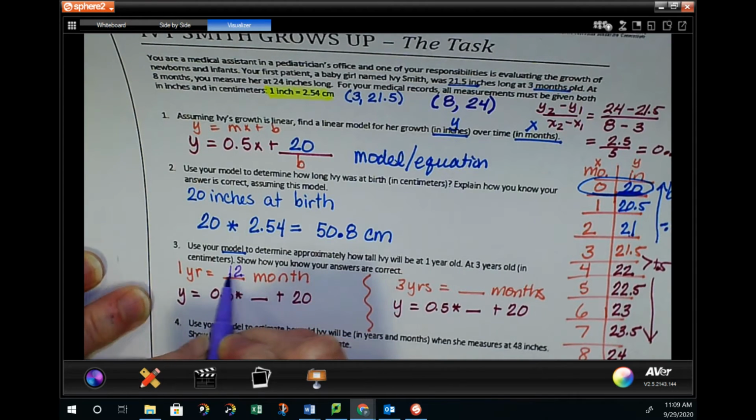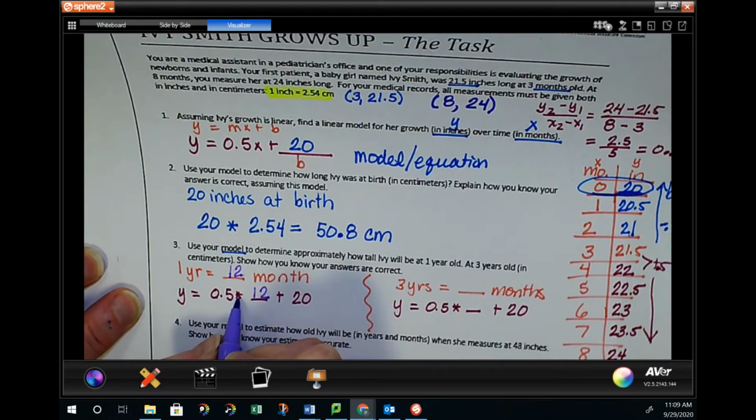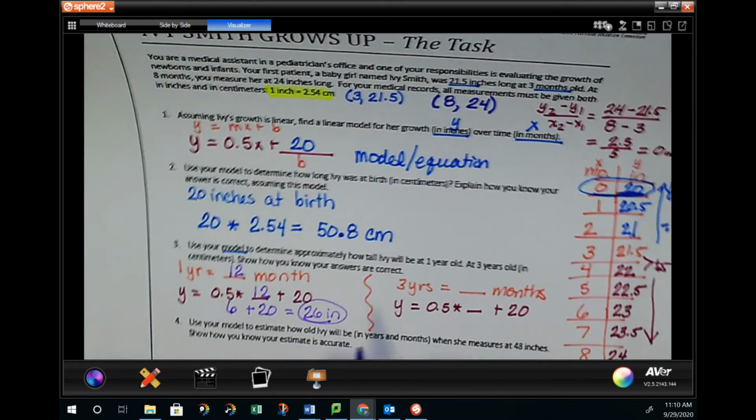So 12 times 1 is 12, and I'm putting that in. 0.5 times 12, because we're doing PEMDAS, multiplication comes first, is 6, plus 20, so that's 26 inches. In 1 year, which is 12 months old, she's going to be about 26 inches.